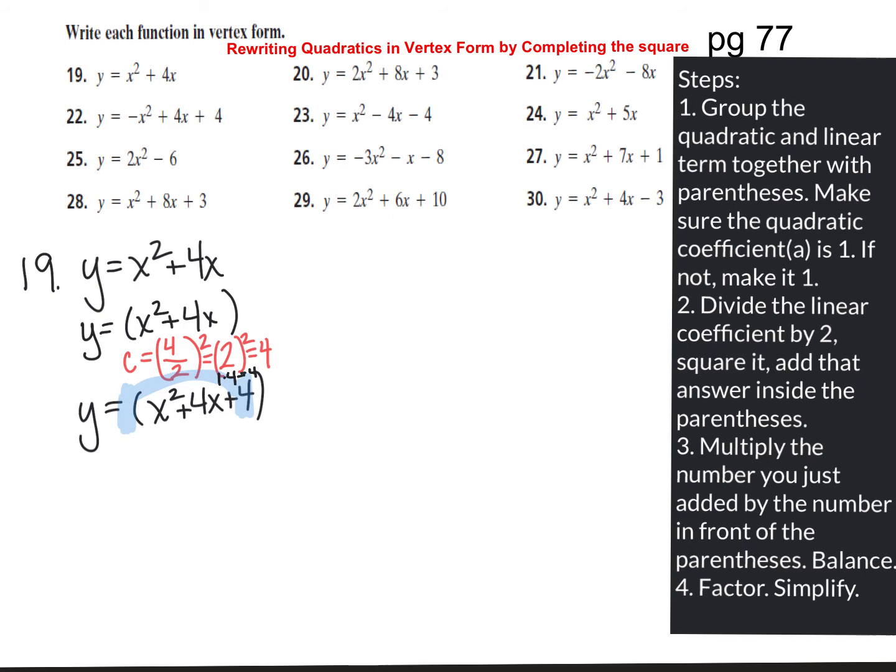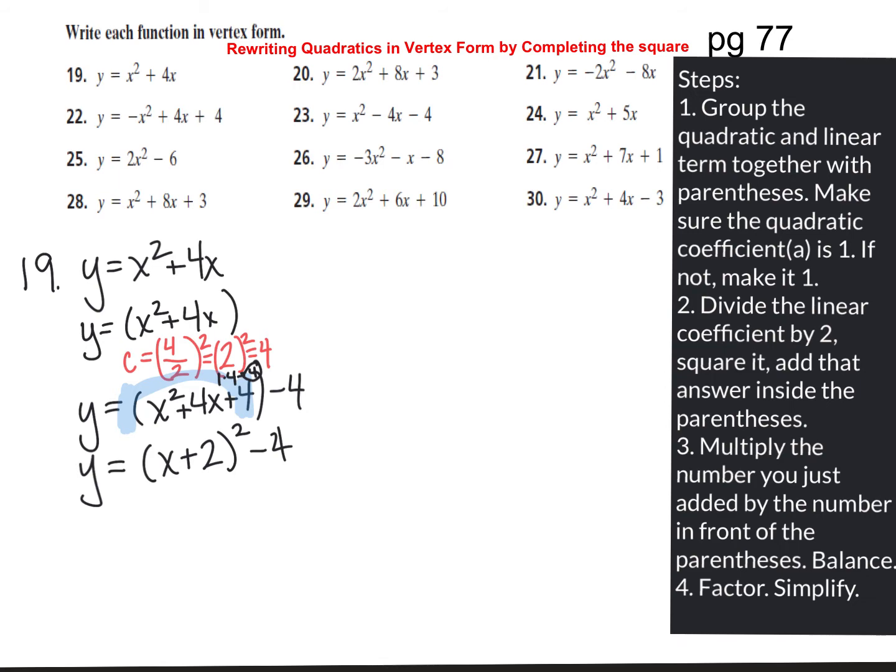So we need to balance out this equation by, if we added 4, we need to subtract 4 to make sure that it's a balanced equation. And so y will equal, I apologize for all those bells, y will equal x plus 2 squared minus 4. We factored and we simplified.